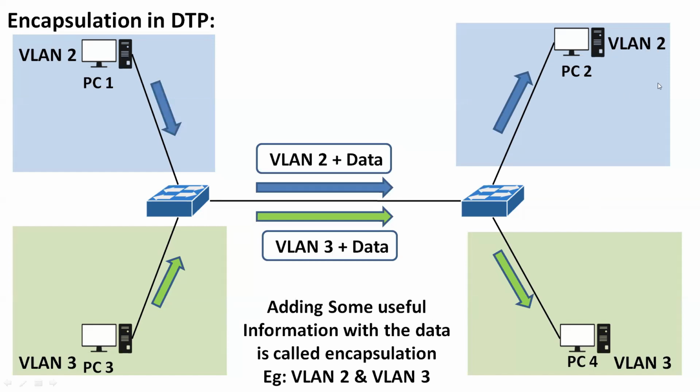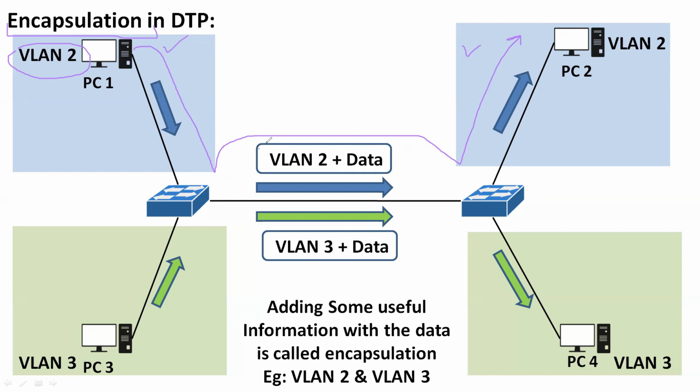So dear, there is something called encapsulation. What is the meaning of encapsulation? Like, dear, we have generated some data on VLAN 2, and I'm forwarding that data to the switch. The switch will forward that data to another switch, and then it will be forwarded to VLAN 2. That means VLAN 2 data will be forwarded to VLAN 2. How will it be done?